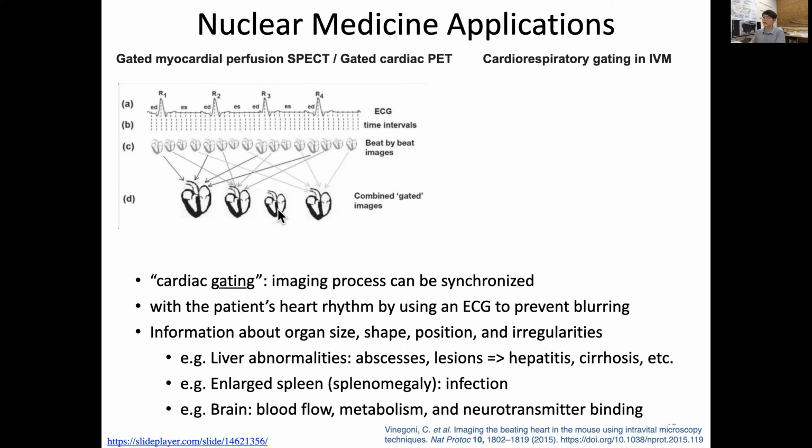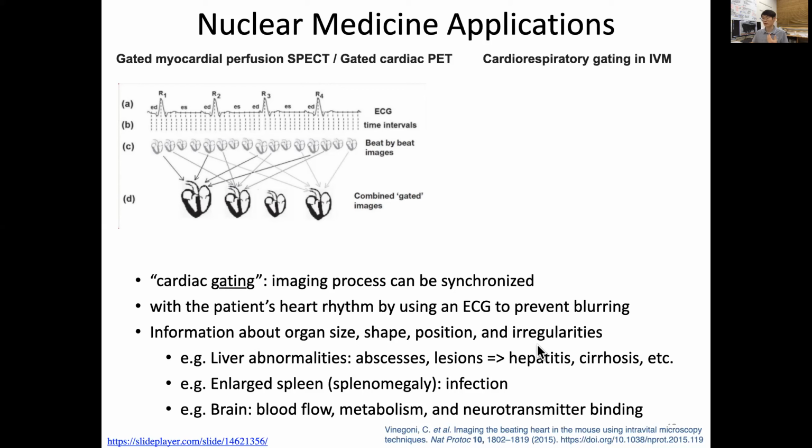So this is a very smart algorithm to be used for both SPECT and PET, and information about the organ size, now with relatively good resolution, shape, position, and irregularities can be detected.